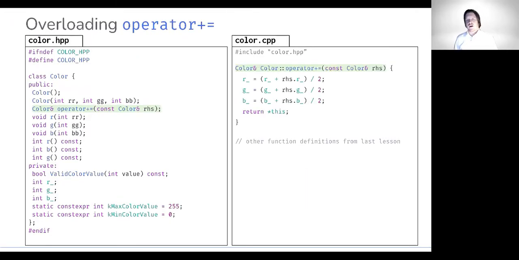So the next operator that I want to run through is going to be another compound operator, plus equals. Per our guidelines, this was defined as a member function. So if we look at the declaration, we can see here that the convention of a self-reference is also sensible here.